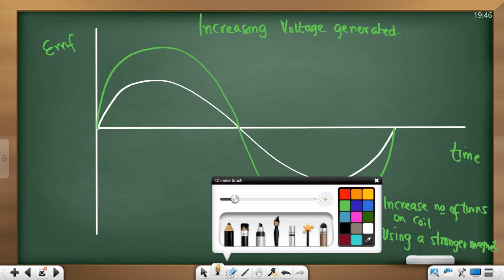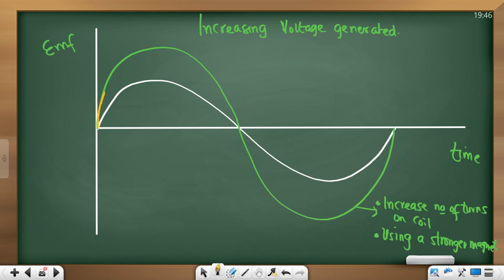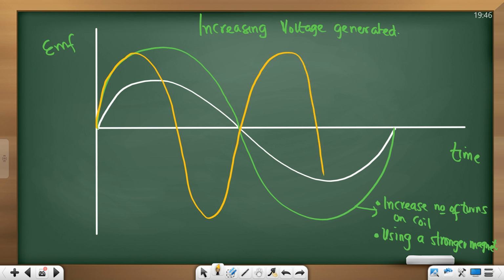However, if I then give you a graph that looks like this, same amount of current, forgive the skewness of the graph.